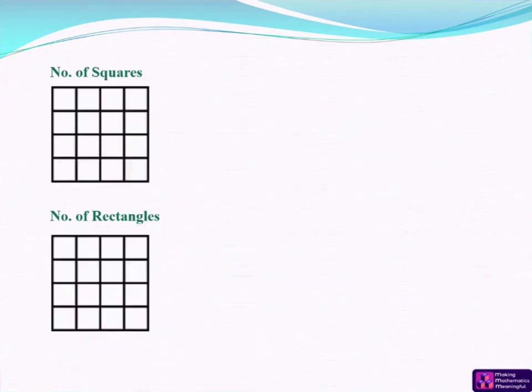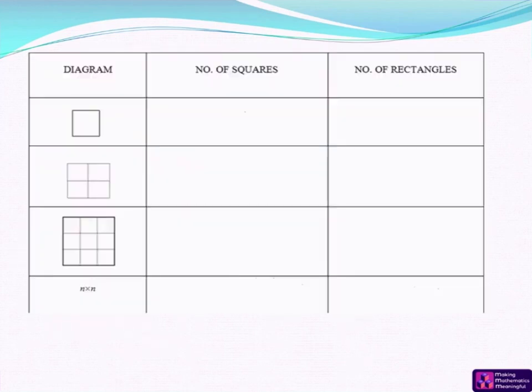Now, coming to this 4 cross 4 grid. Though we have learned the approach for counting the total number of squares and rectangles, it's really very challenging to count them. But what we can do is list down all the answers we have got so far and try to observe a pattern in that.